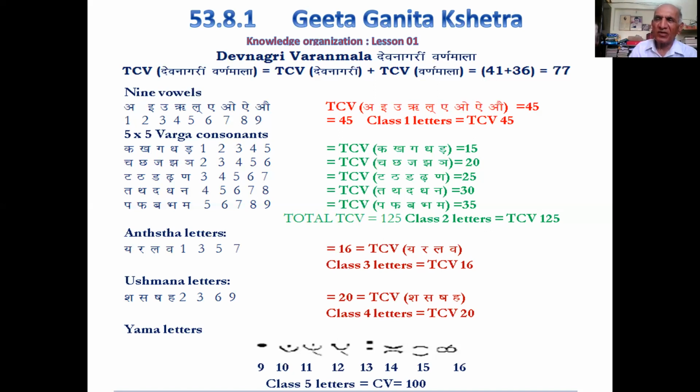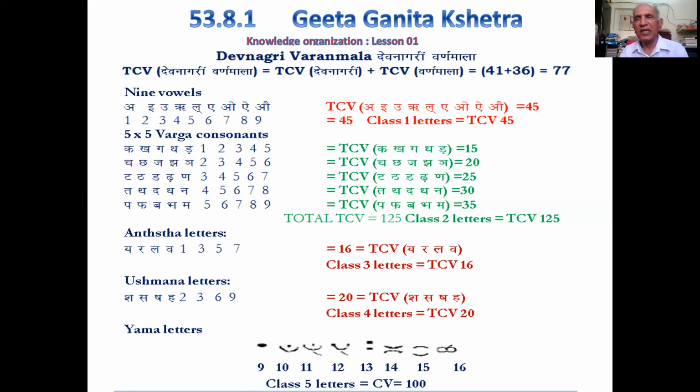reach such a distinguishing process of association of placement values for these quadruple letters. For the present, as with the Anthastha letters, in respect of Ushmana letters as well, we shall accept it for the time being as a definition that the values 2, 3, 6, and 9 are associated with these quadruple letters.